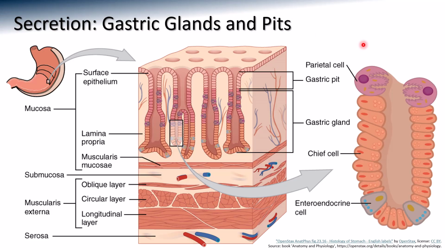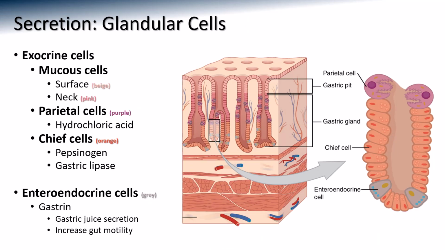All right, so if we look over here now, we can see that we have a number of different types of cells that make up these gastric glands. The names by themselves probably don't mean much, so let's add in a little bit of detail. And sorry to make that smaller on you, but we need some text. So making up our epithelium here, we have 4 different kinds of cells, 3 of which are exocrine and 1 of which is endocrine.